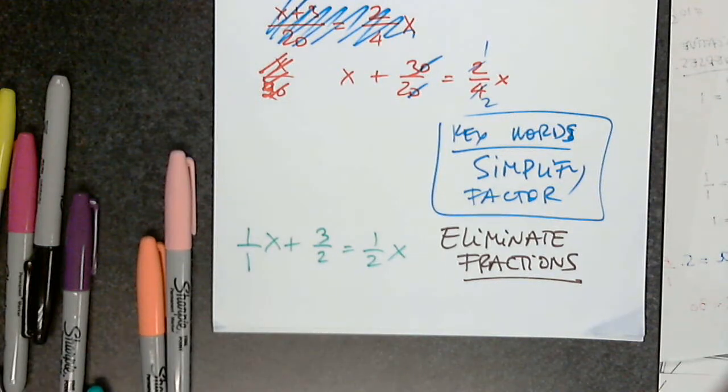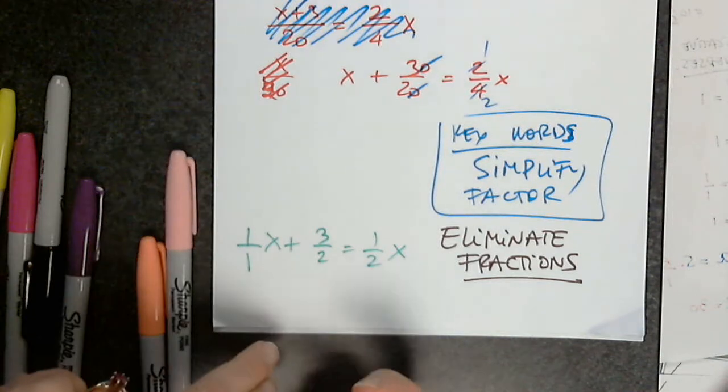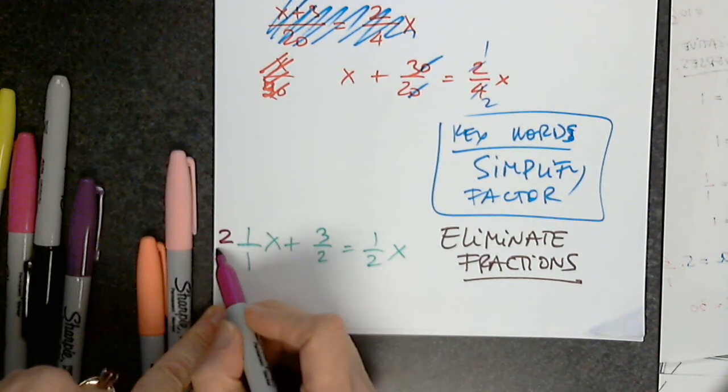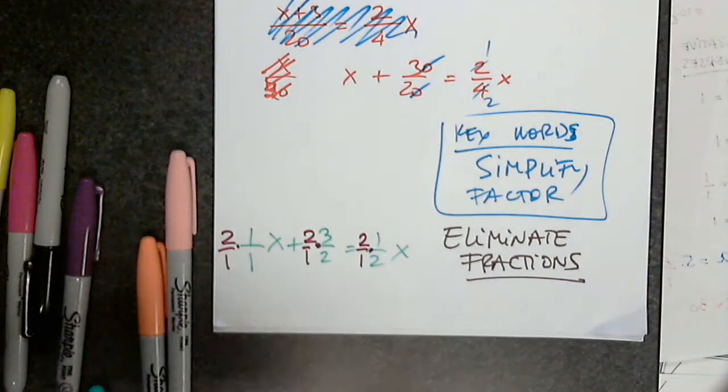It's 2. Awesome. So then I will multiply everything, each term on both sides, by 2. However, I would write it as 2 over 1. Why? Because I have those fractions in here. So multiply by 2 over 1, multiply by 2 over 1, and multiply by 2 over 1.